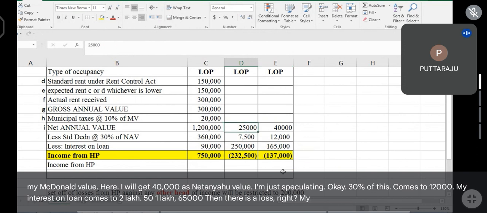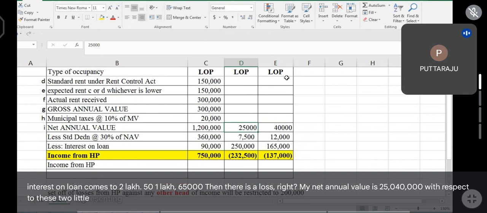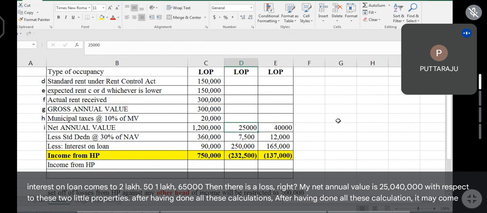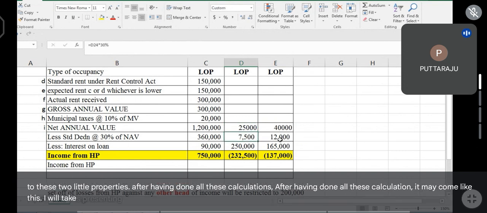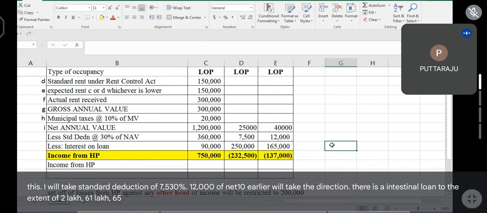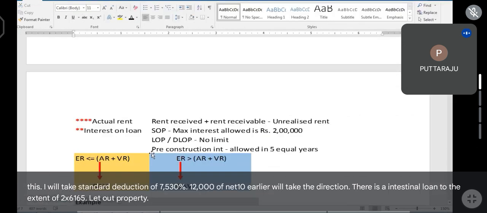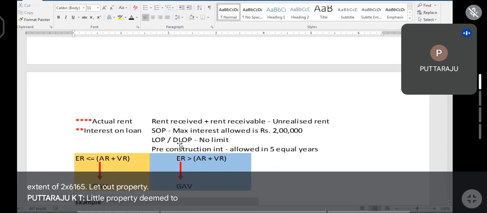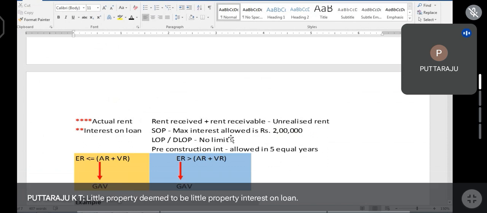After having done all these calculations, I will take the standard deduction of 30% of net annual value, and I will take the deduction. There is interest on loan to the extent of 2,60,000 and 1,65,000. For a deemed let out property, interest on loan has no limit. Are you guys able to understand?